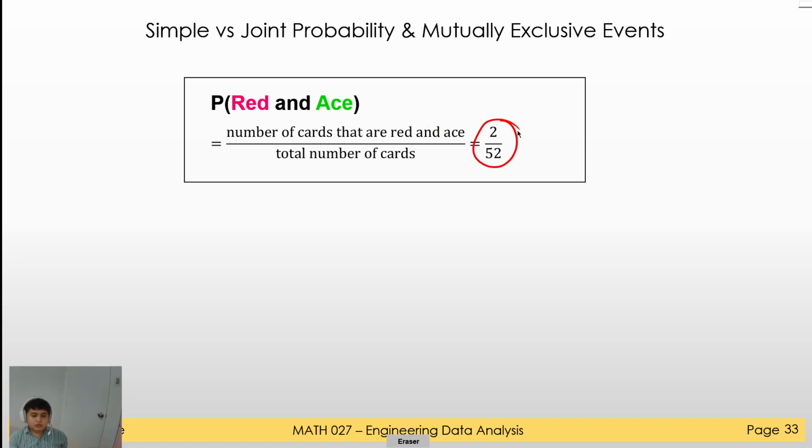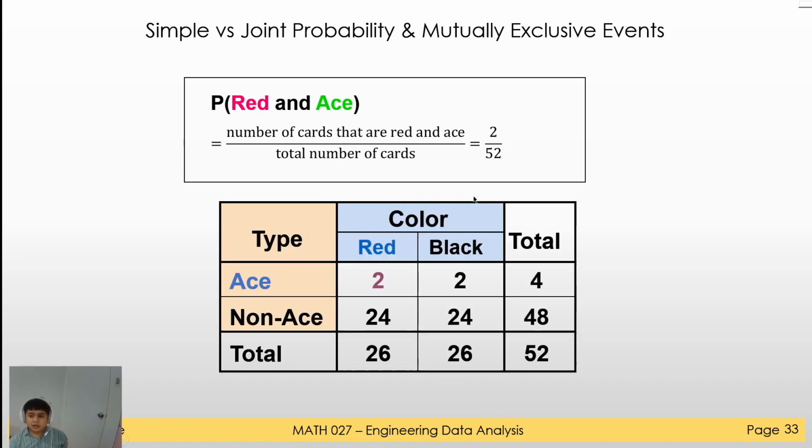So we have a probability of 2 over 52, or we can simplify this further as 1 over 26. But if we remember the contingency table, we can visualize this probability that we have this intersection between the red and the ace card.